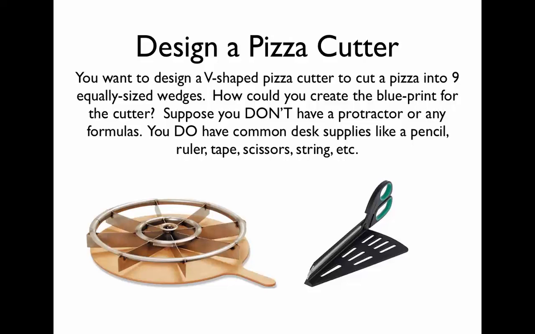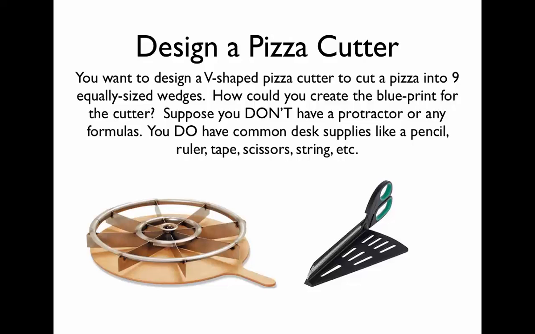But you don't have a protractor, you don't have any formulas. It's like you're an architect with common desk supplies, like a pencil, ruler, tape, scissors, string, etc. How do we design a blueprint for a pizza cutter that's going to give us 9 equally sized wedges, or get that openness correct?